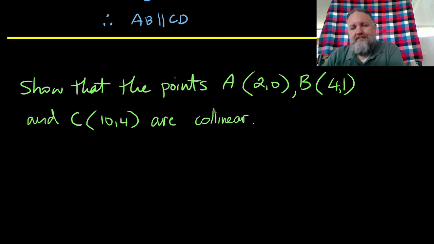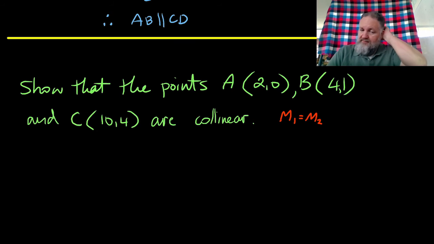Well, we do know that m1 is equal to m2 if they're parallel. Remember we said m1 is equal to m2. I put the wrong thing there in the middle, didn't I? Whoopsie daisy. It should have been equal. So if our two gradients are equal, then they're the same, they're parallel lines.